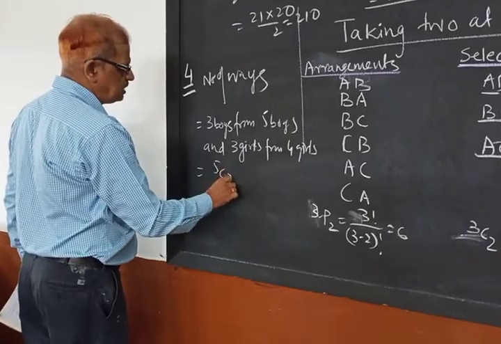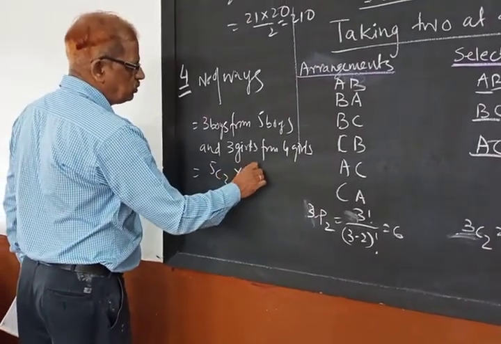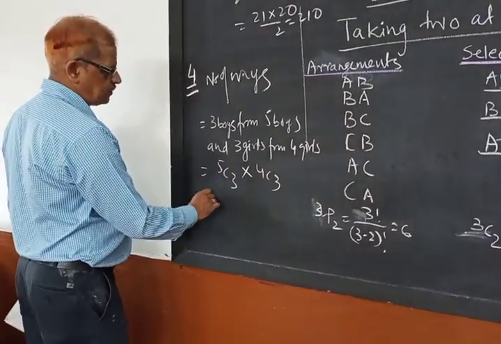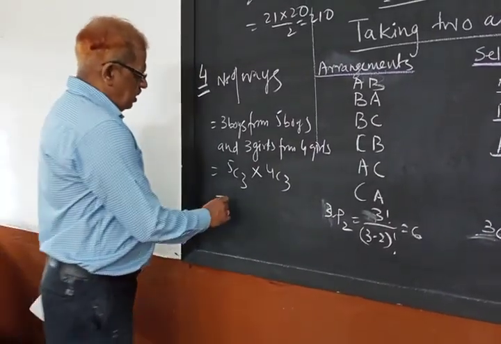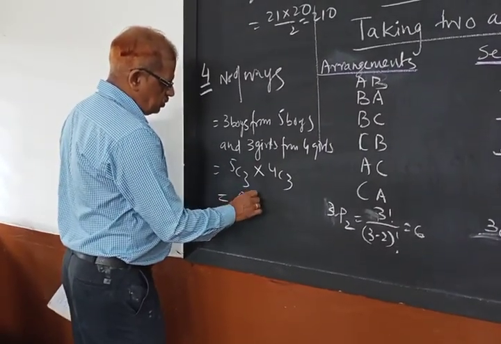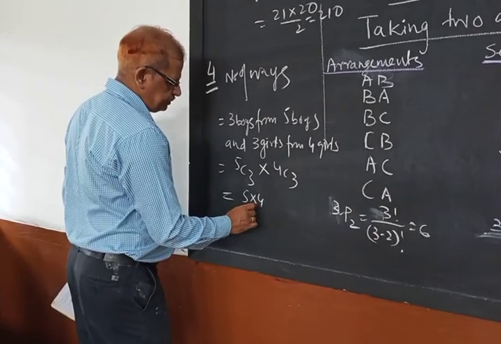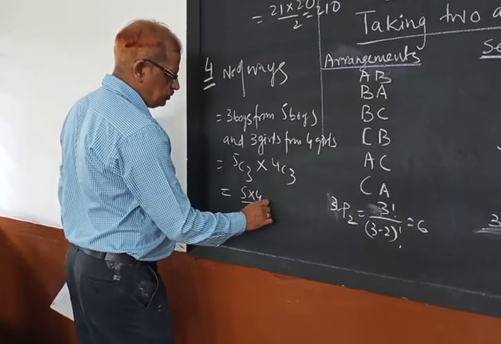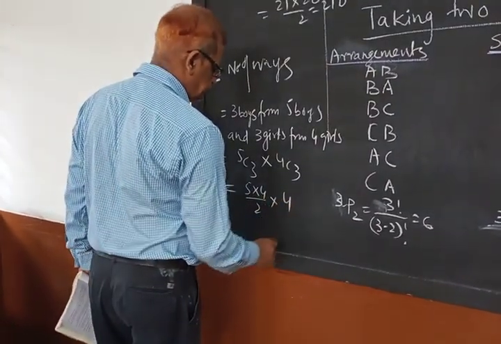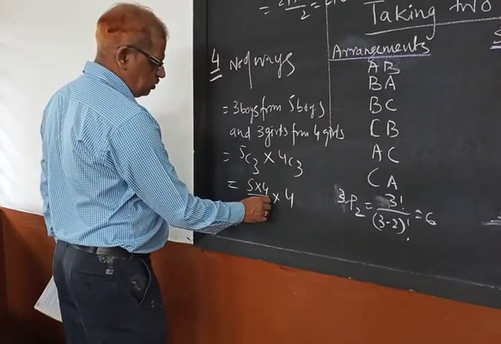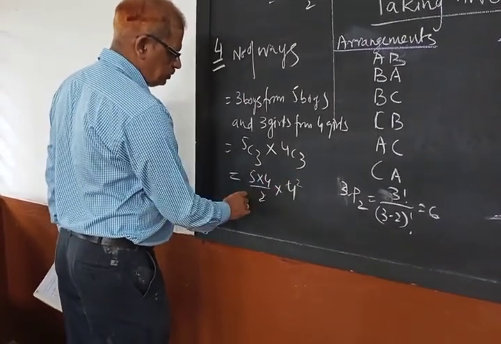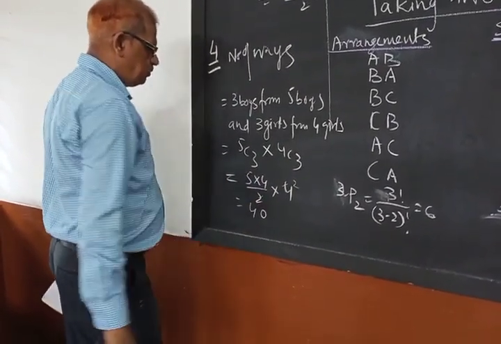That is 5C3 into 4C3, 5 into 4 by 2, and whatever is coming, 40 ways.